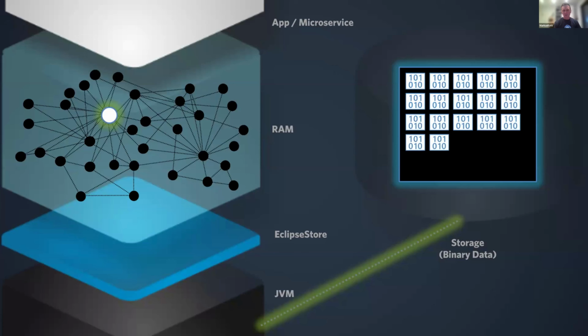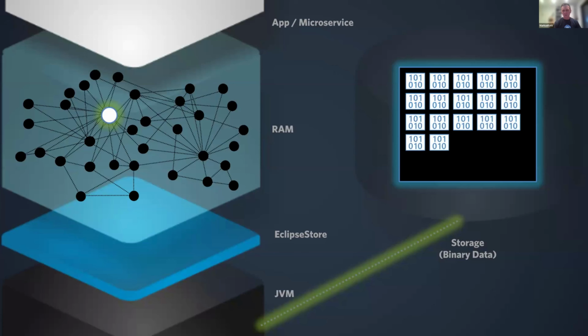Now you just have to call get methods to load objects by using lazy loading. Just call a get method, and that's it. EclipseStore will load the object reference and will merge your objects directly into the object graph. And the JVM will provide you the object as you're used to.